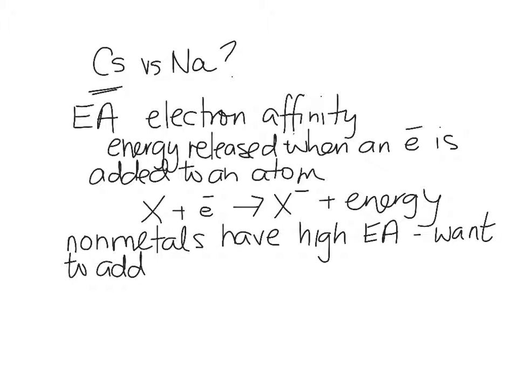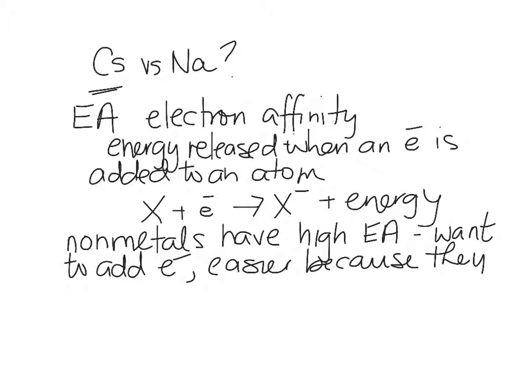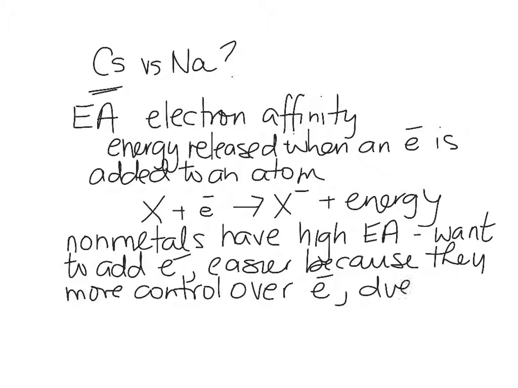So they want to add electrons, and it's easier because they have more control due to their size.